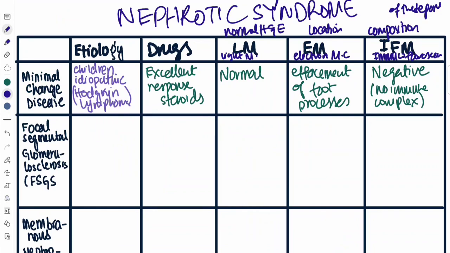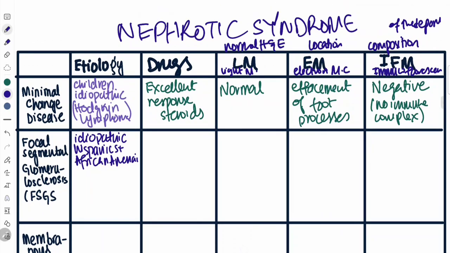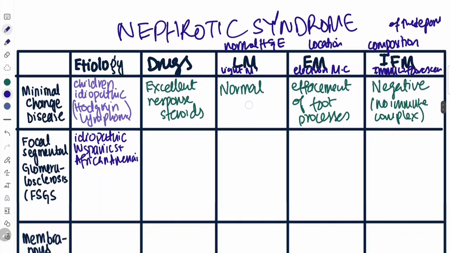Focal segmental glomerulosclerosis. In this, the etiology is also idiopathic, but you find it in Hispanics plus African Americans. Why do we need to know this? We need to know this because we can read clinical vignettes with this.